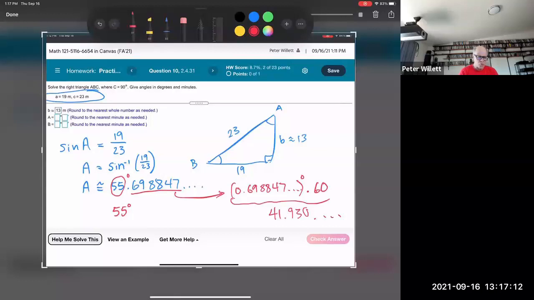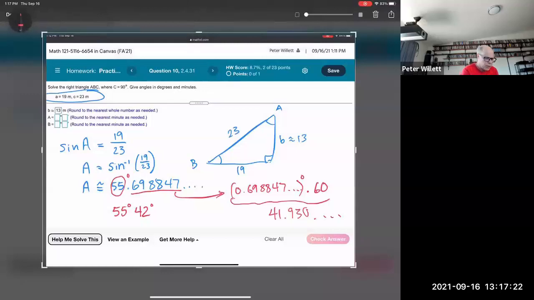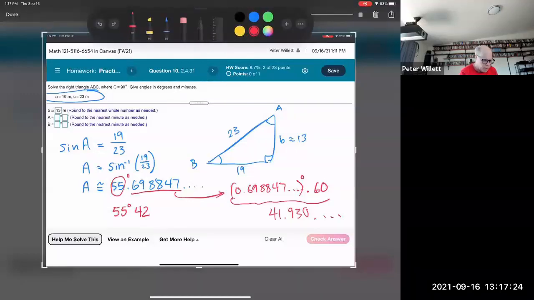And now I'm supposed to round to the nearest minute. So I'm going to call that 42 and say that this would be 55 degrees. Whoops, wrong symbol. And 42 minutes. So let me pause there because I think that conversion might be a little challenging for people.